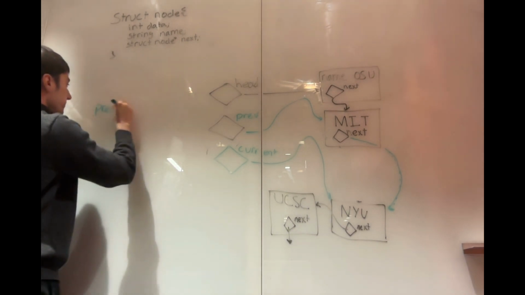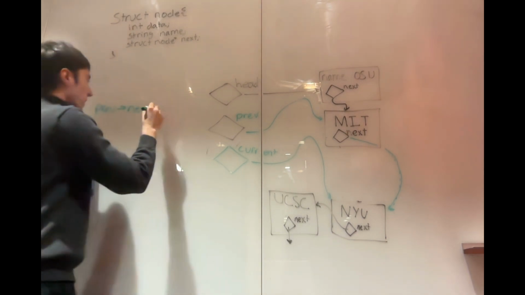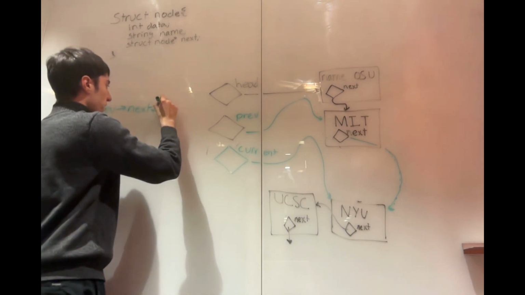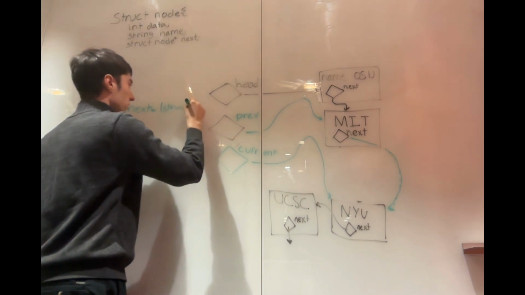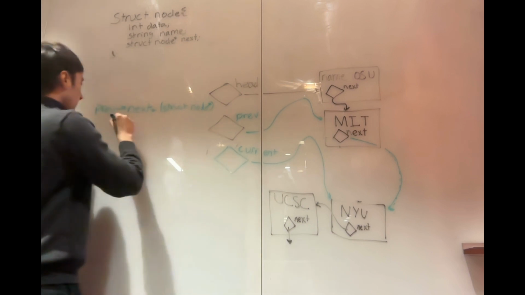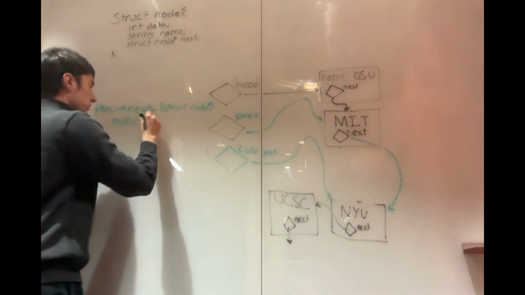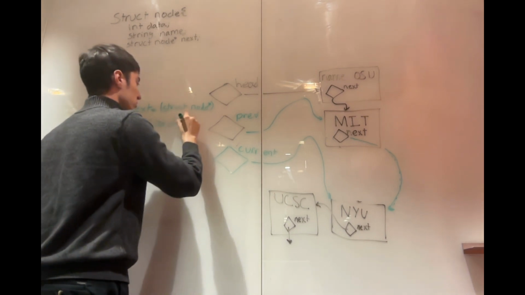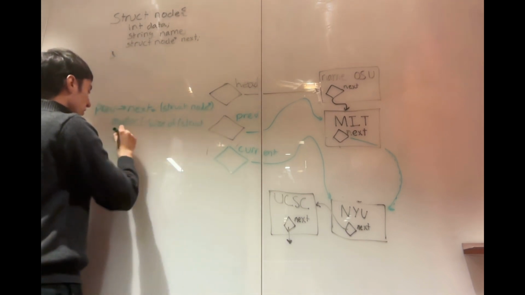So prev next equals what? We need to cast it as a struct node pointer, and we're going to use the malloc function, sizeof struct node.